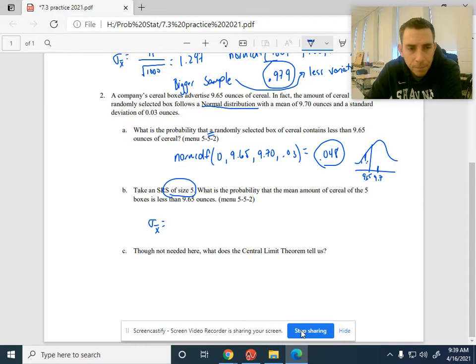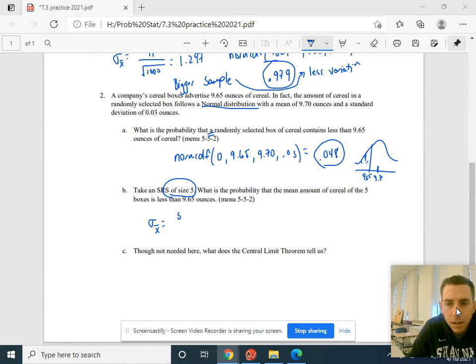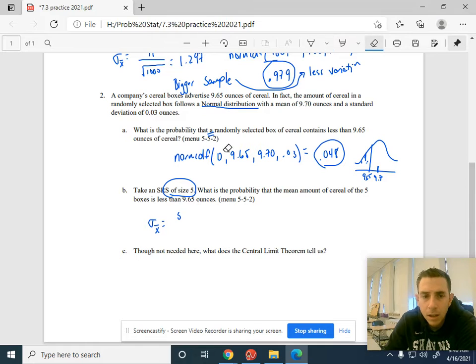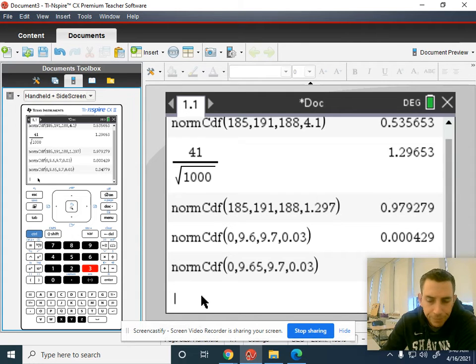Our standard deviation was 0.03, divided by the square root of your sample, which was 5.